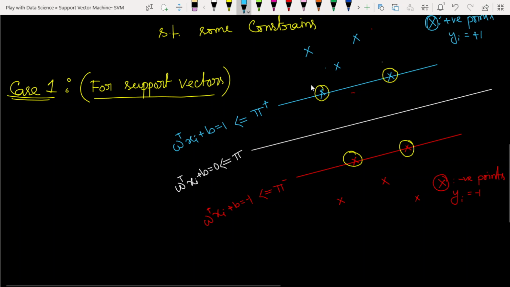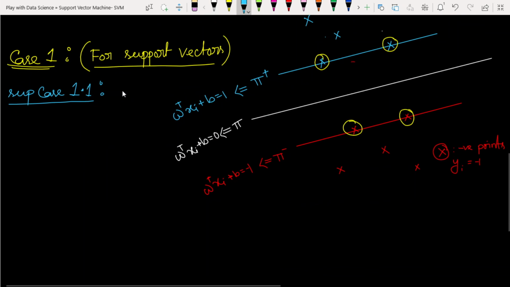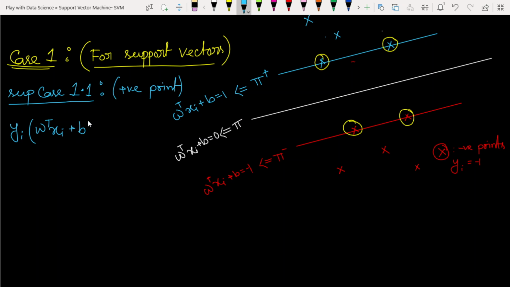First I am considering this positive one, case 1.1. So for positive points of the support vectors, now I am interested in calculating yi times (W transpose xi plus b). We are now interested in this part.